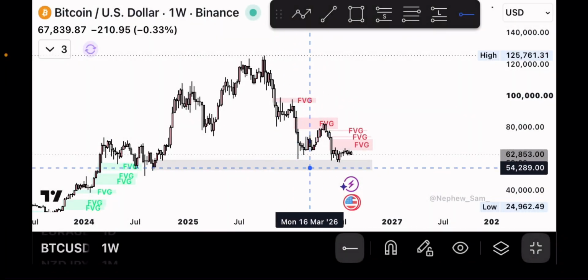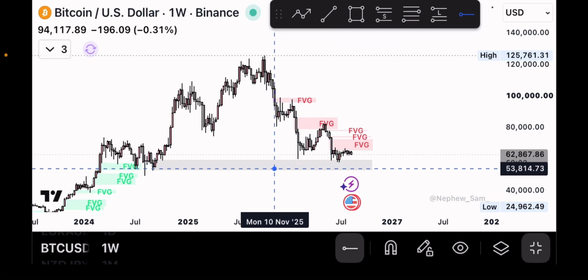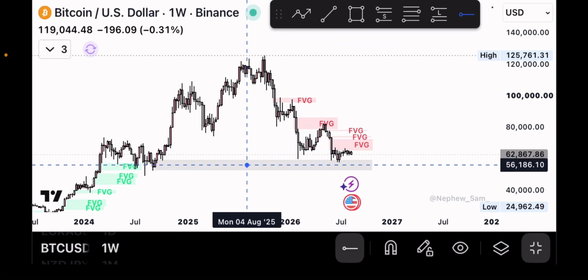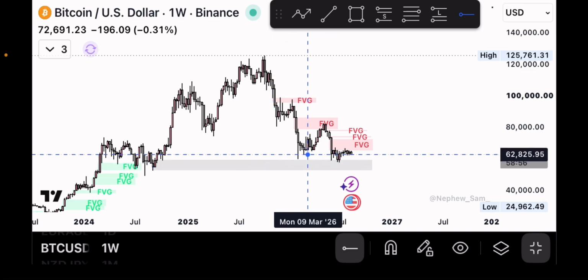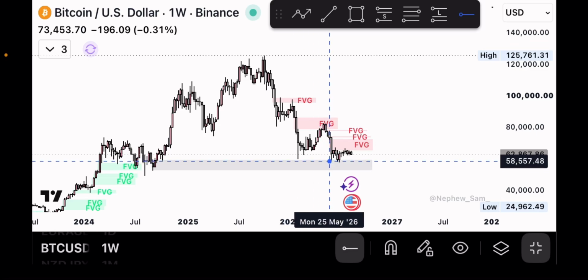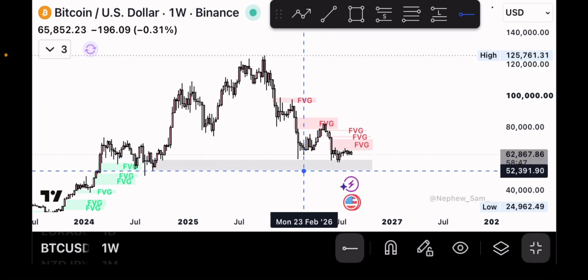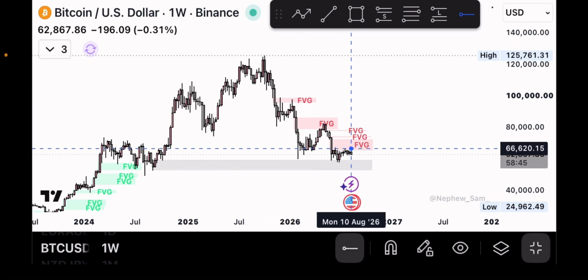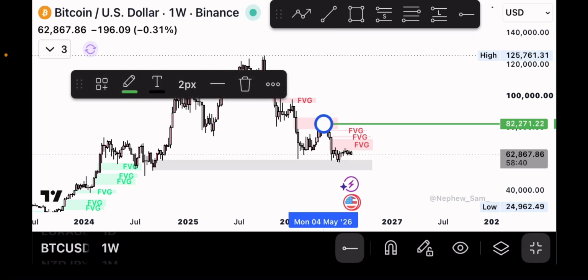The next question is where price is going next. So what we are going to do here is to mark out our draw on liquidity. So we are going to map out the previous high, because that's where the price is going to. That is where you are going to set your take profit. So the first high will be at this level. Mark out this high.